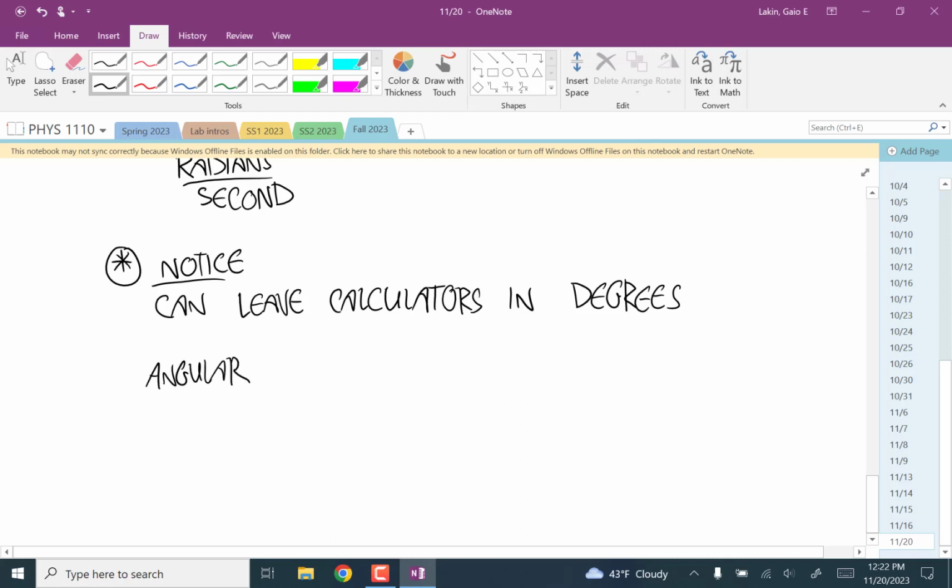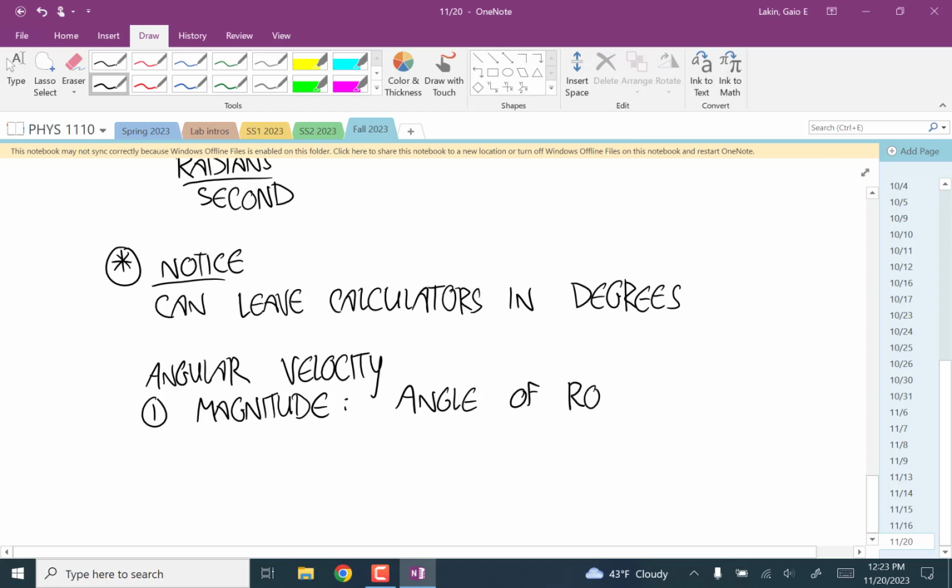So angular velocity, its magnitude is the angle of rotation divided by the elapsed time.